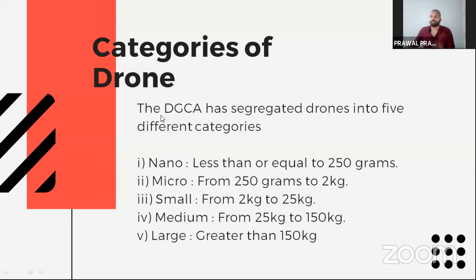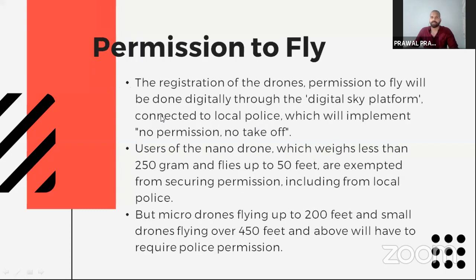There are some rules and regulations according to each and every category. To fly a drone, you need to have permission. To get the permission, you can go to a digital platform and search for the Digital Sky platform. Over there, you can apply for permission, and this Digital Sky platform is connected to your local police authorities, and they will come, check, and see if they can permit you.